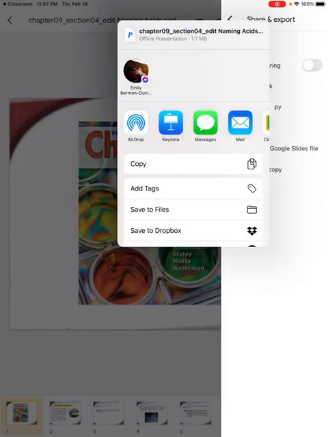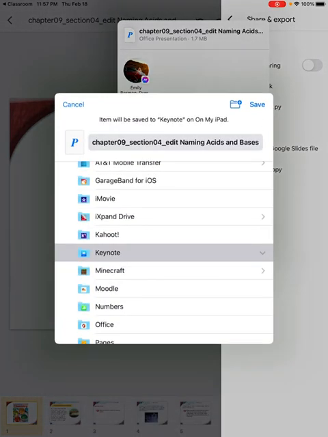I'll save it here on this file for my presentation application, which on my Apple iPad I like to use Keynote.